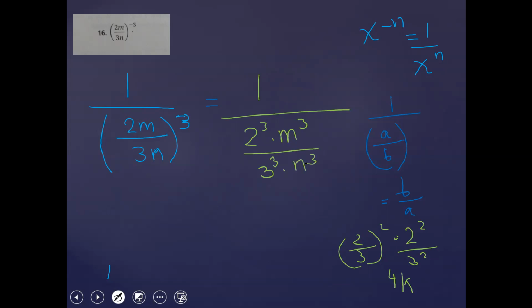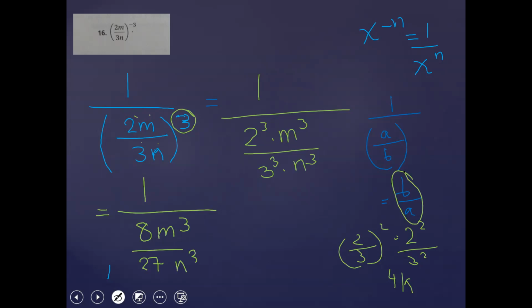I will distribute the cube on each term. So the answer will be 1 over 8m cubed over 27n cubed. Then, as we said, 1 over a over b is equal to b over a.